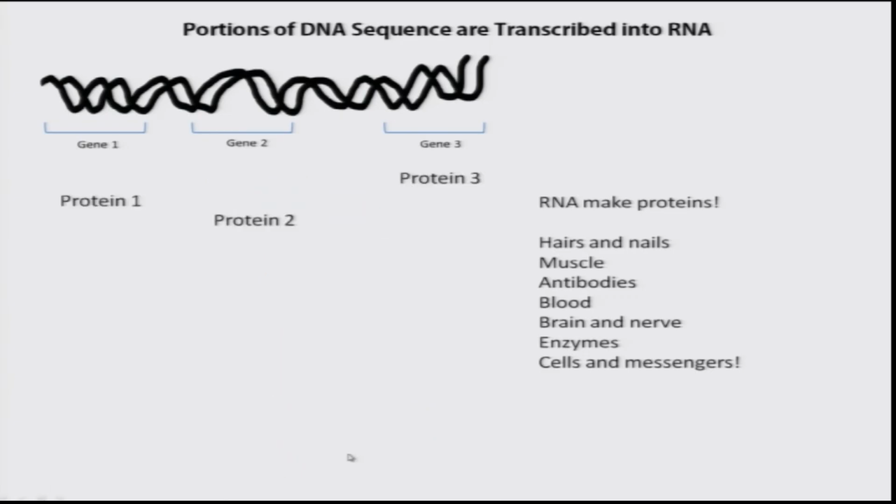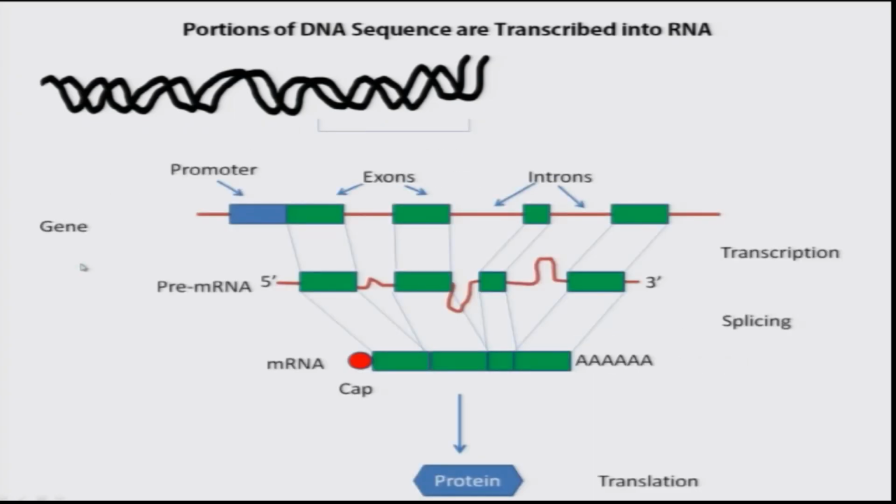Now likewise, some genes could code for an enzyme, another gene could code for a transcription factor, some other could code for a protein hormone, and so on. So that is how the coding, or the information from the DNA to protein, is passed on.